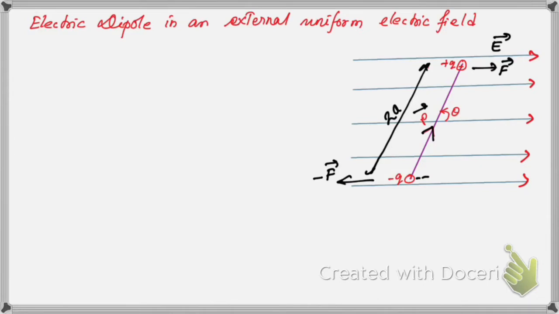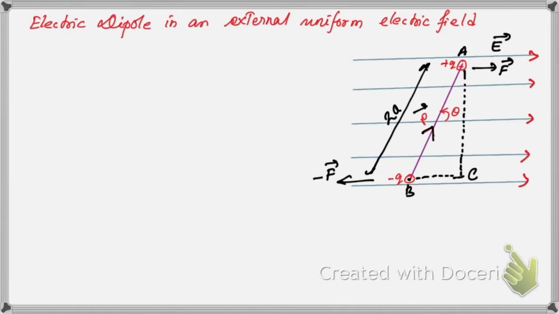So let us take this point C. Here this point is A and this point is B, suppose. So AC represents the perpendicular distance between the positive and negative charge.